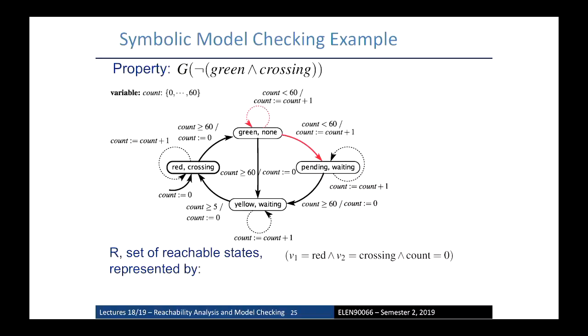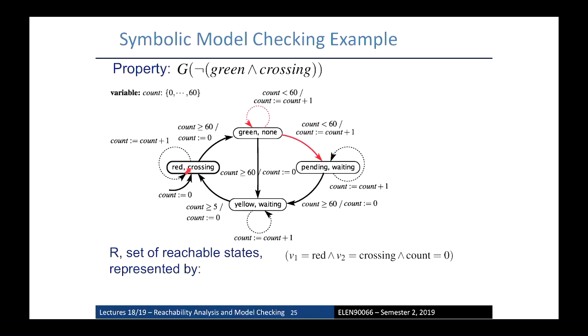So let's apply it to the traffic light controller. Remember, we explicitly went through depth-first searching. So we went down state by state and ended up with a massive, long list of possible states.